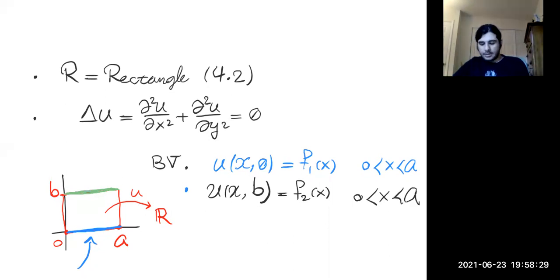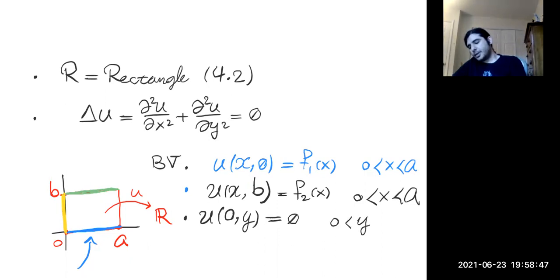Now I should say what the value of u is on this yellow segment. On this yellow segment, x is equal to 0, and we have variable y. Let's assume that u is equal to 0. This is a good assumption to start with.